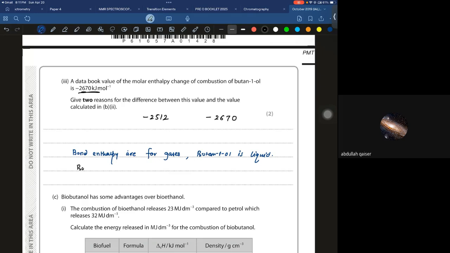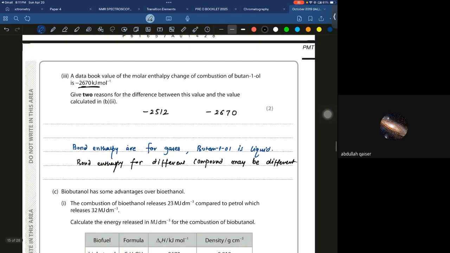So bond enthalpy for different compounds. Normally bond enthalpy is for gases. Yes, bond enthalpy for gases. So bond enthalpy for a different compound may be different from the mean value given.